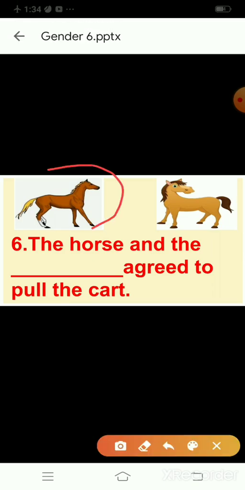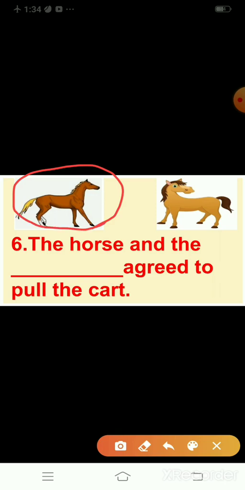The horse and the dash agreed to pull the cart. So, horse is a masculine gender. So, what will be the feminine gender? Look at the picture and tell me.